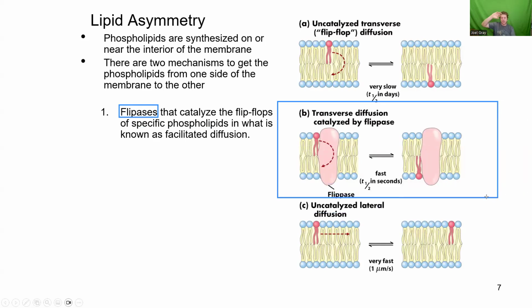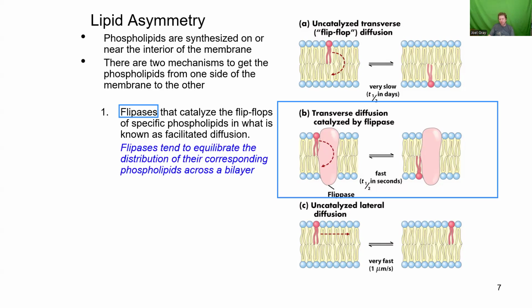That flipase is going to help move that lipid from the inner leaflet to the outer leaflet. Now, can that action take place without the influence of an enzyme? Absolutely, but it's going to go extremely slowly. Now, that lateral movement, something staying on the same side or the same leaflet, that's going to happen very rapidly.